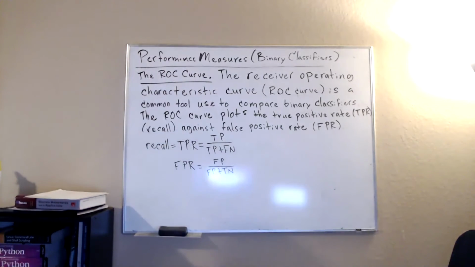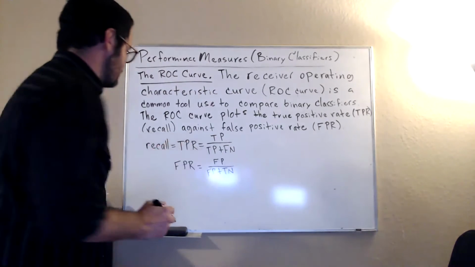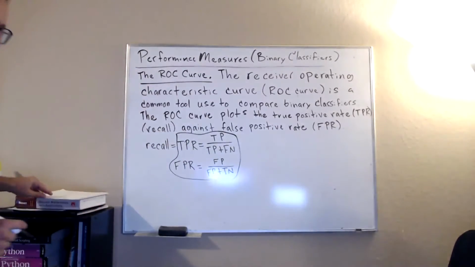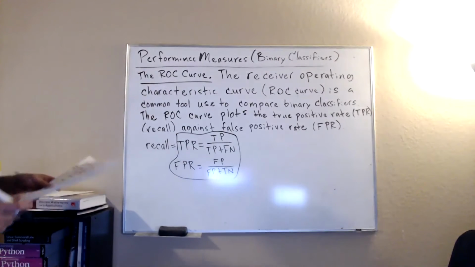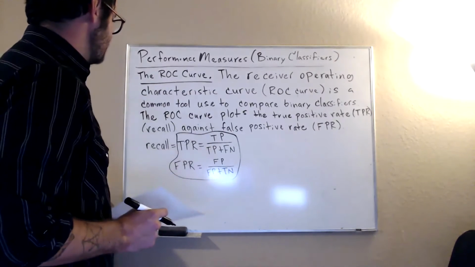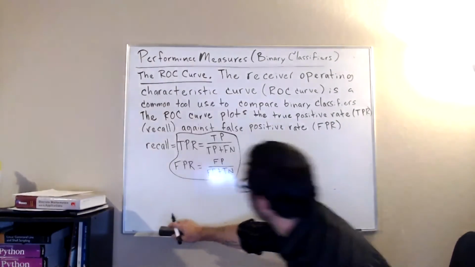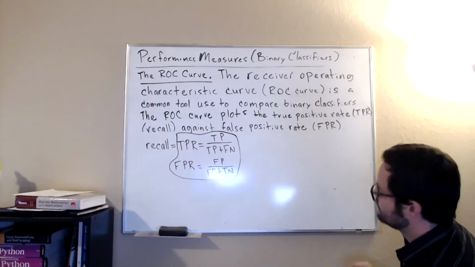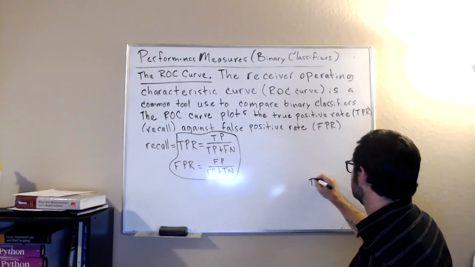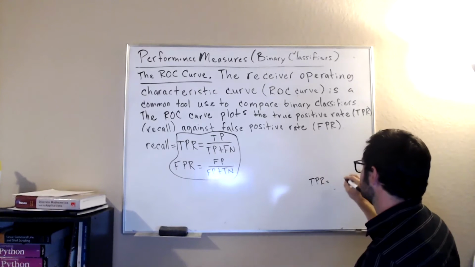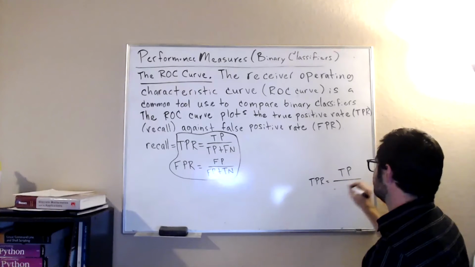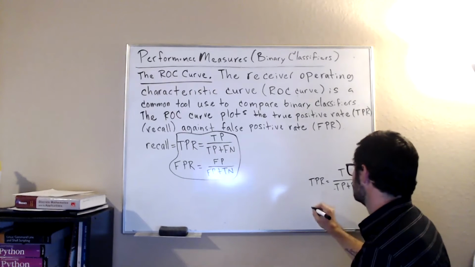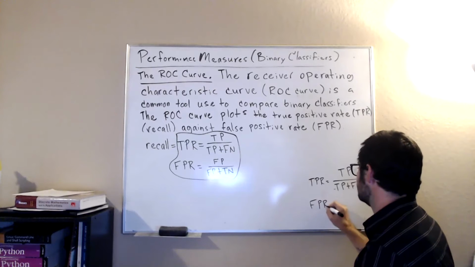Okay. So these two formulas are what we're going to use to create our ROC curve. Maybe I'll write them down over here because I'm going to have to erase all this in a moment. True positive rate. False positive rate.